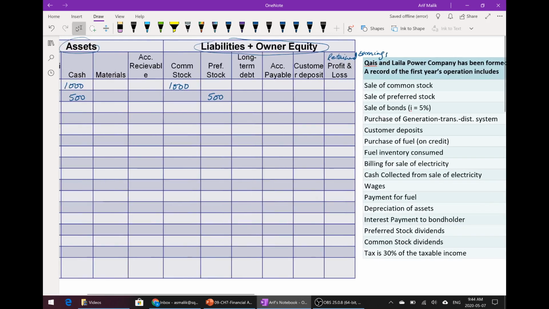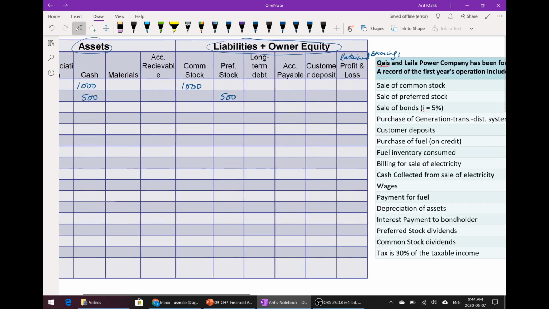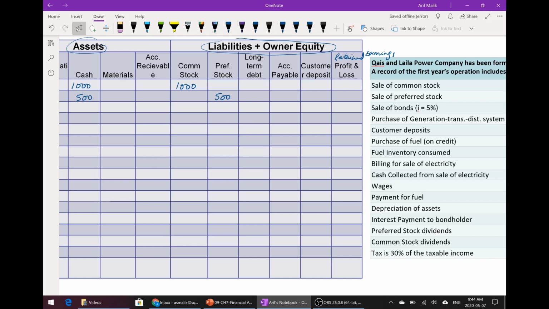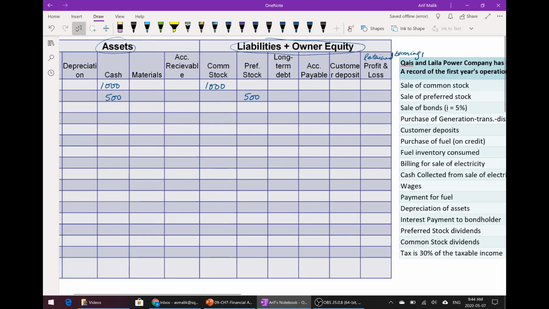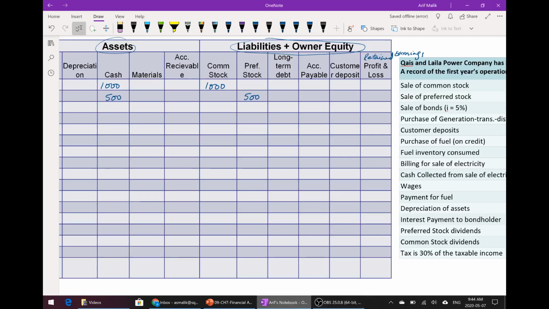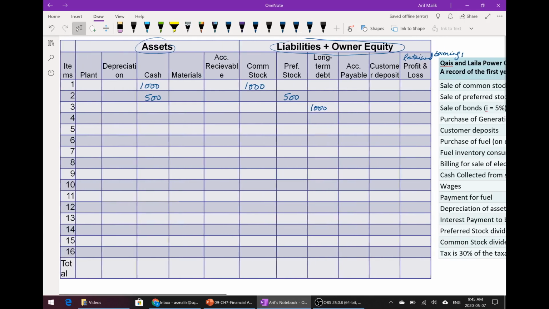So we have 1,000, which is long-term debt. Sale of bonds is long-term debt, and we put 1,000 here, and then again we got cash here.